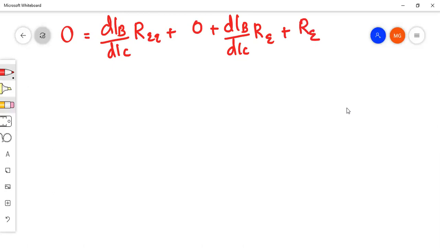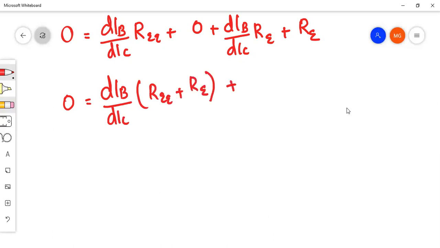Next, I have to rearrange this equation and bring the common terms together. So 0 will be equal to, I am taking DIB by DIC as a common term, R equivalent plus RE, plus RE. Then I need to find the value of DIB by DIC.